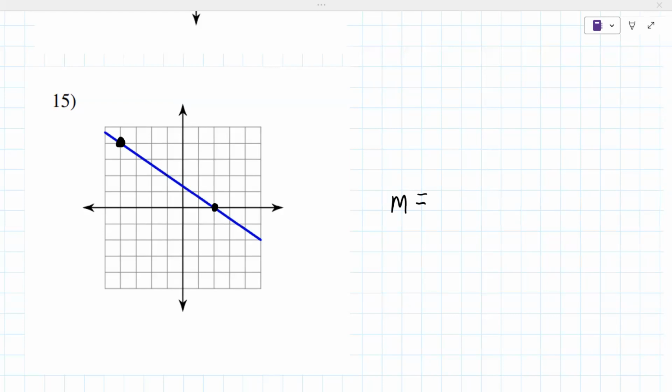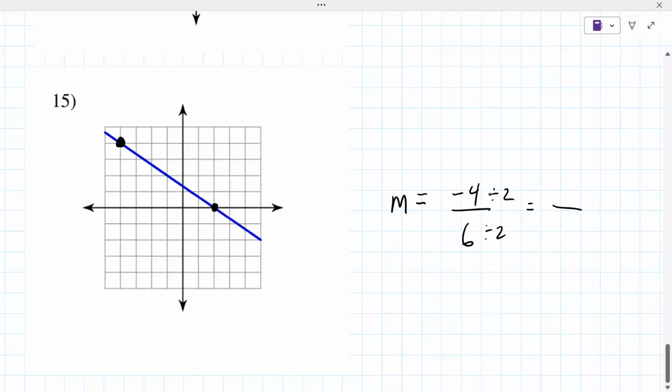Negative 4/6. Okay. Does that reduce? Yeah. Okay, what does that reduce to? You can divide both the top and the bottom by 2.